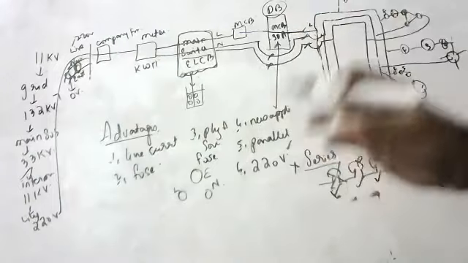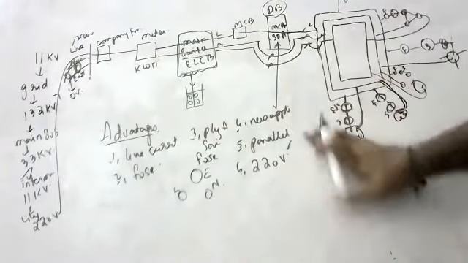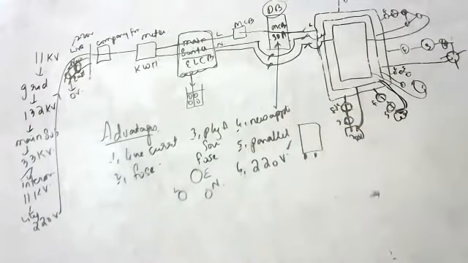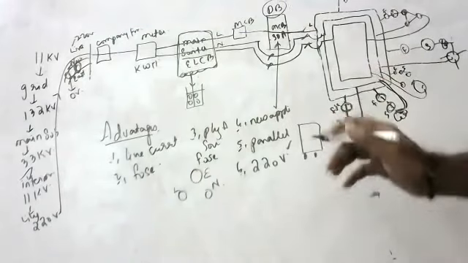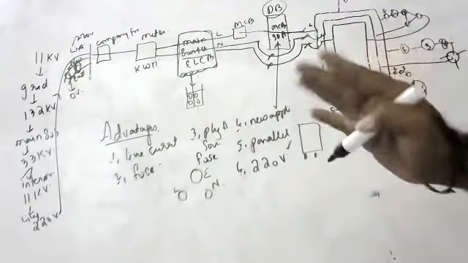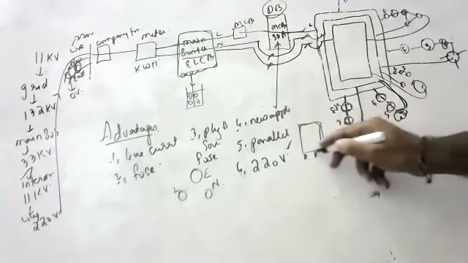Why are they maintained at 0 volts potential, children? Imagine, see, children, this is your fridge, refrigerator. If any disturbance or problem is there in the refrigerator and you touch it, you will get a severe shock because everything is a metallic container.